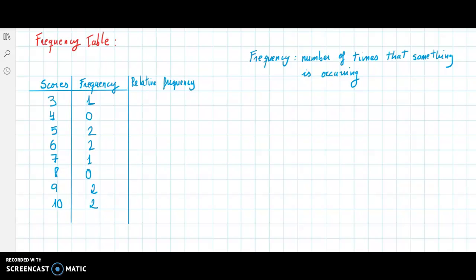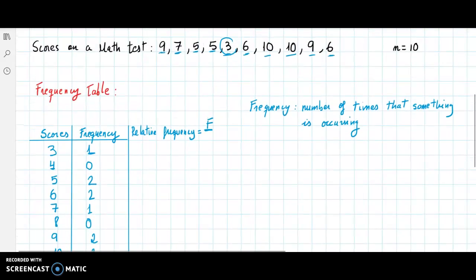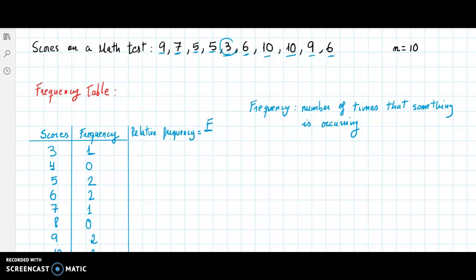The relative frequency is the frequency divided by the total number of people, of elements that I have asked. In this case, n is 10, so divided by n. And this column is going to be useful to make statistic graphs that we'll see in future videos.